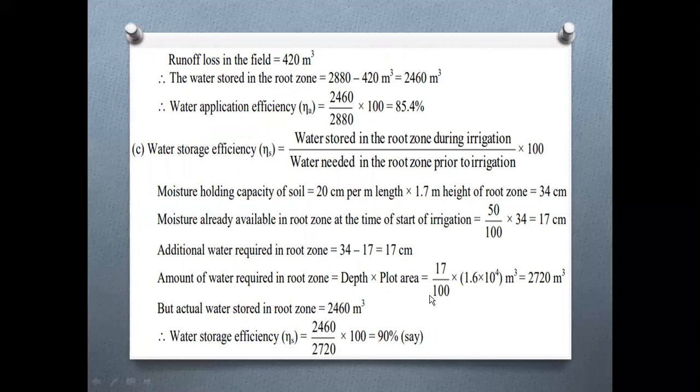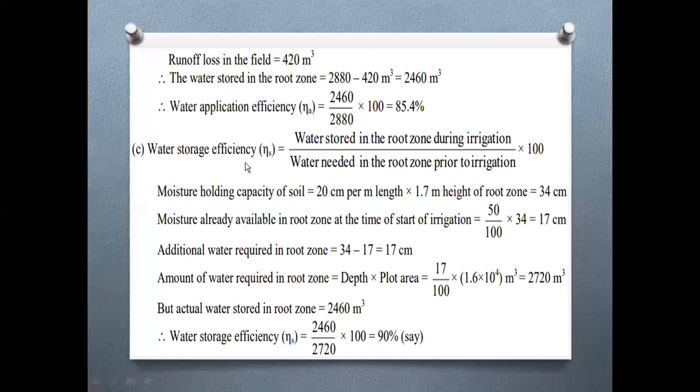Hence the water stored in the root zone is equal to 2880 minus 420, which is equal to 2460 meter cube. Hence water application efficiency eta A is equal to 2460 upon 2880 into 100, which is equal to 85.4%.